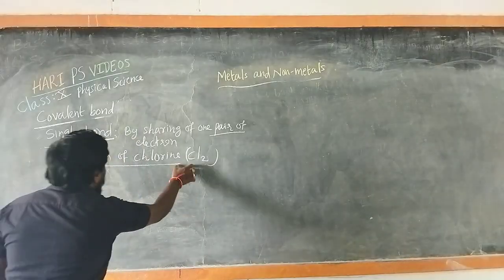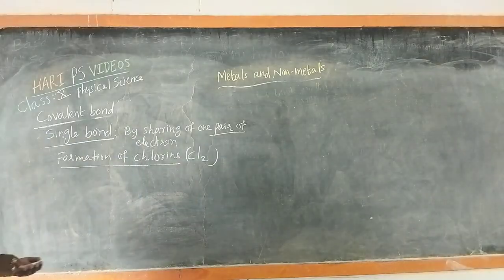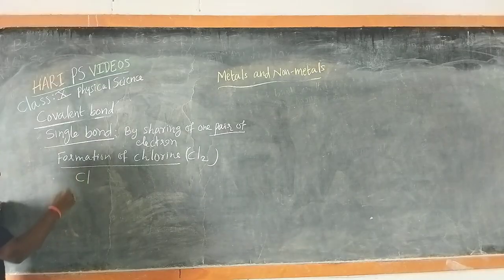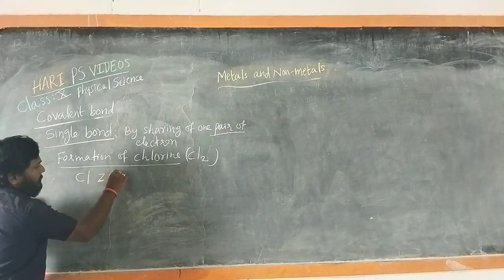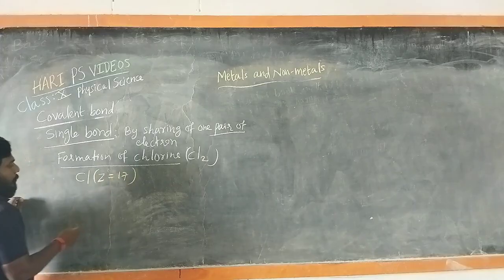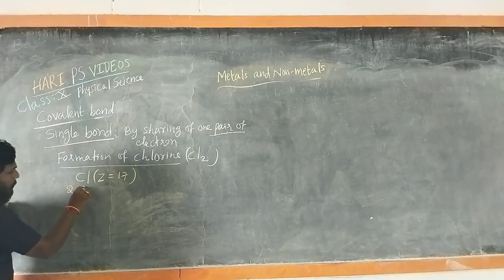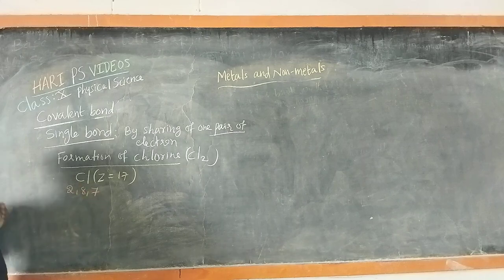Let's understand the formation of chlorine by a single covalent bond. For chlorine, as we know, the atomic number is 17, so we can write its electronic configuration as 2, 8, 7.